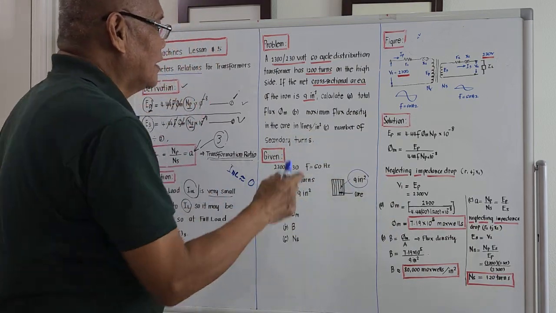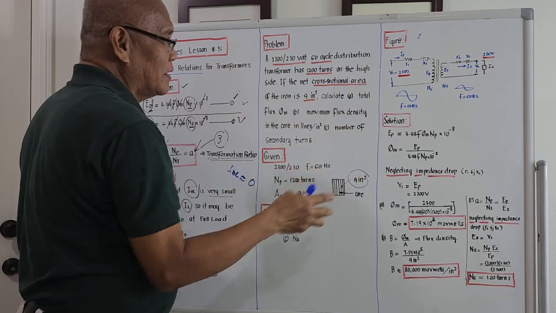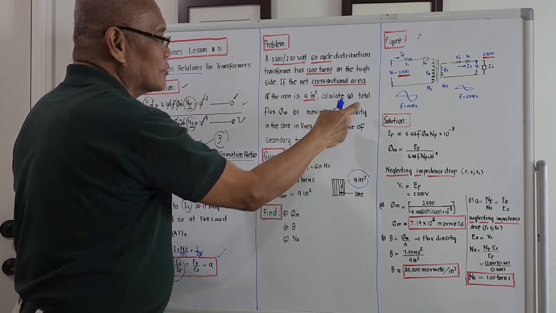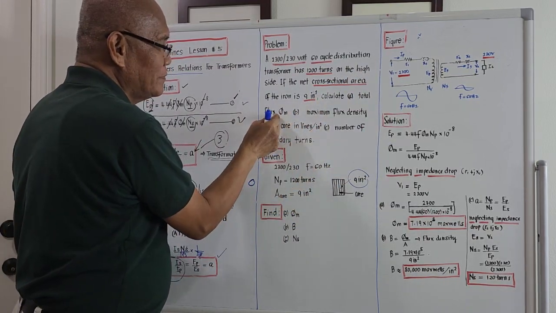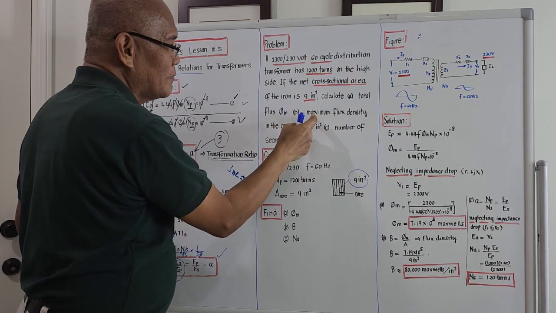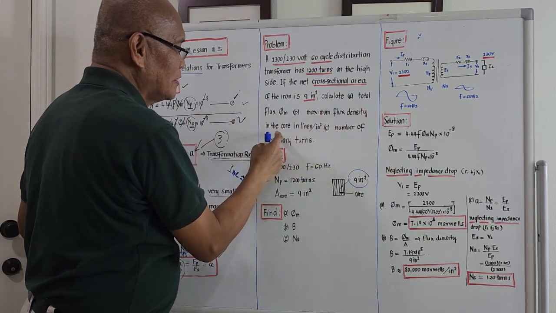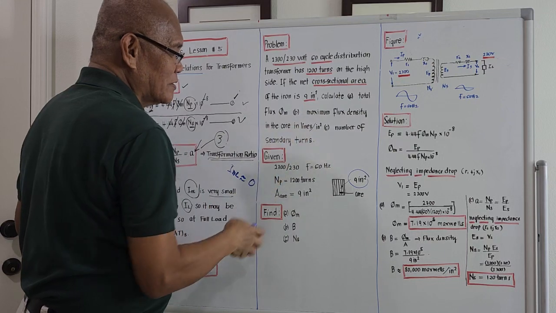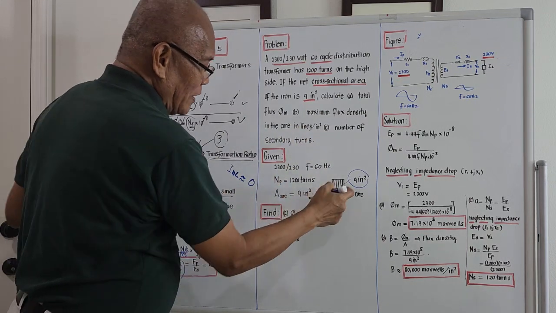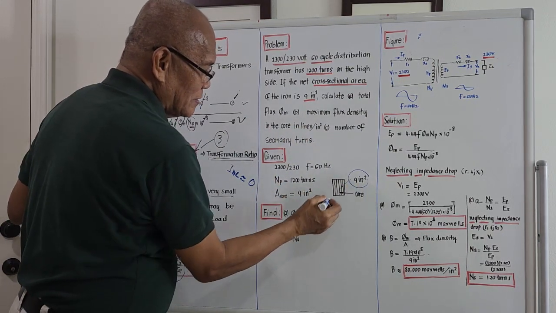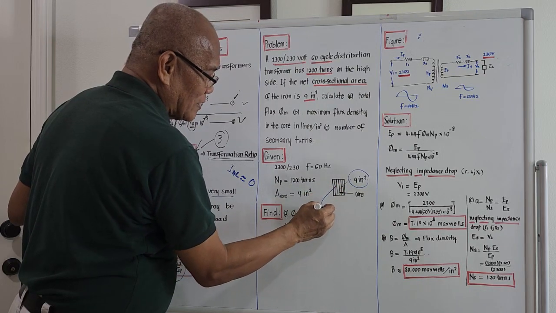Calculate three things. The first requirement is the total flux, phi sub m. Number 2, the maximum flux density in the core in lines per square inch. If the area is 9 square inches, what will be the flux density?